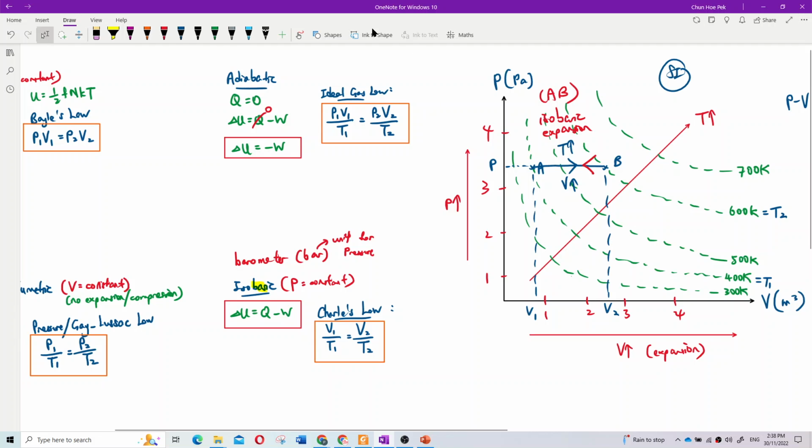Okay, how about another graph? Let me give another example. Let's say the graph now going this way. What happened to the temperature going this way, from, let's say, C to D?